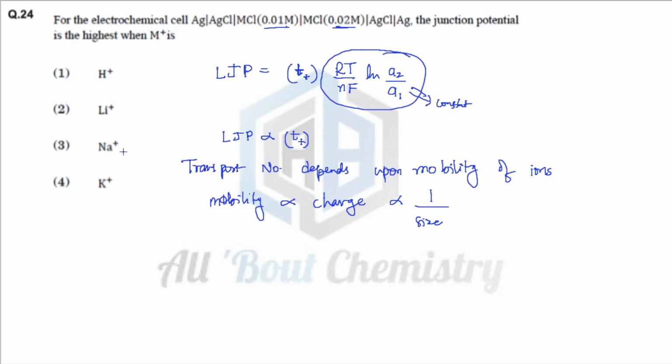Now we can see that in all the options the charge is the same, so we don't have to worry about the charge factor. What we have to discuss is the size factor. Let me write down the relationship in a single line: liquid junction potential is proportional to transport number, transport number is proportional to mobility of the ion, and mobility is inversely proportional to size.